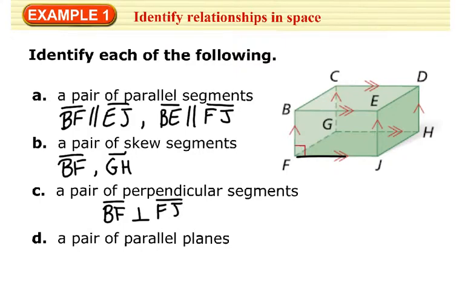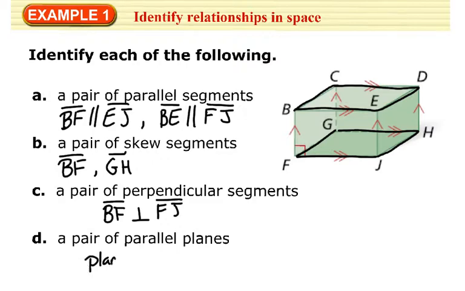Now let's name a pair of parallel planes. So let's see. Let's name the top of this cuboid here. That is parallel to this one here. So let's name those. So plane, what is that?